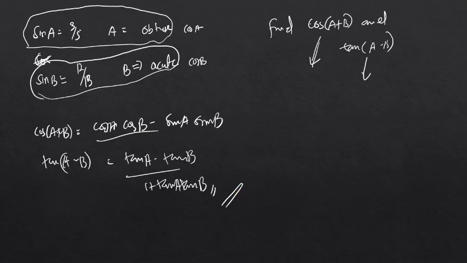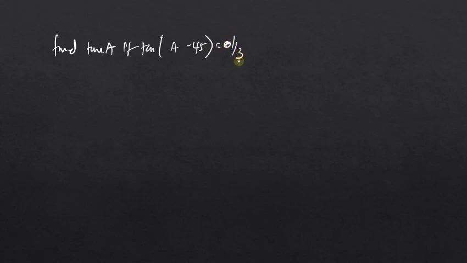Let's solve one more question. So let's say you're asked to find tan A if tan of A minus 45 is equal to, sorry, not negative 1, so 1 over 3.